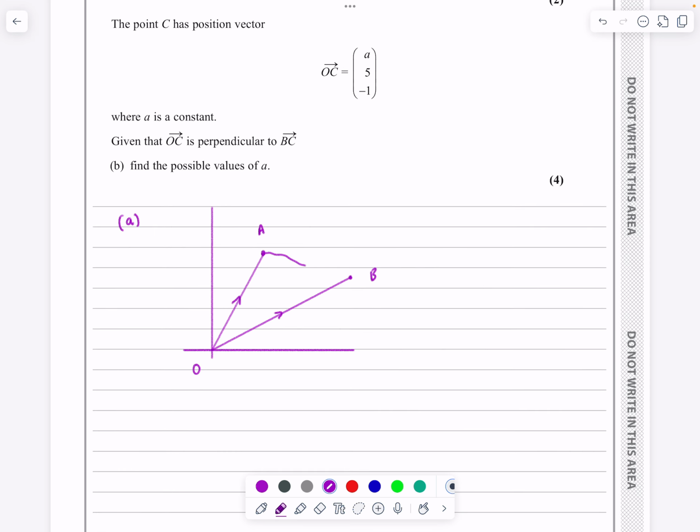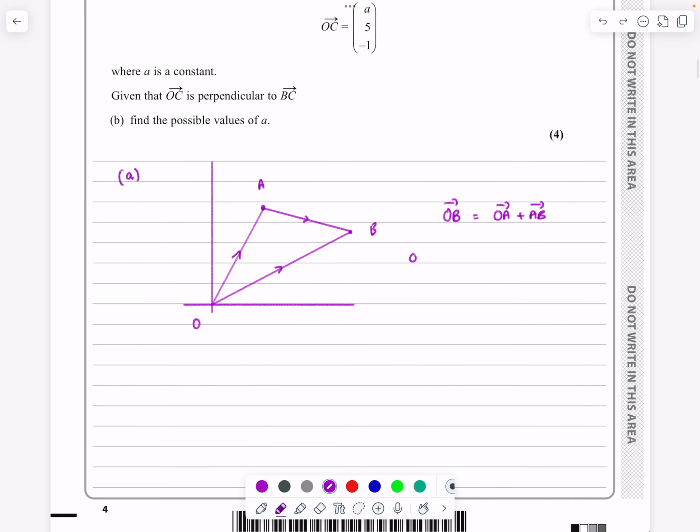So hopefully what you can see, even without knowing them, we can definitely say that OB is going to be equal to OA plus AB. If I want that vector there, it's the same as OA plus AB there. So that makes this relatively straightforward now.